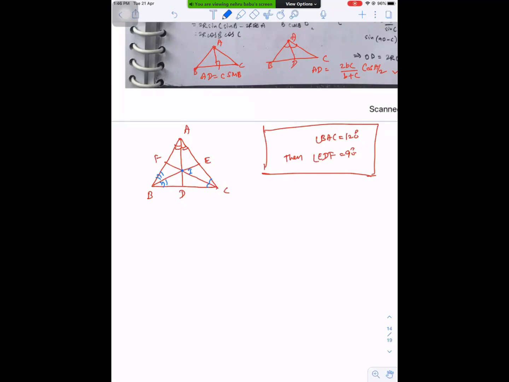Now if you observe, this is 60 degrees here, 60 degrees here in that problem. Now do one thing: extend the BA line.